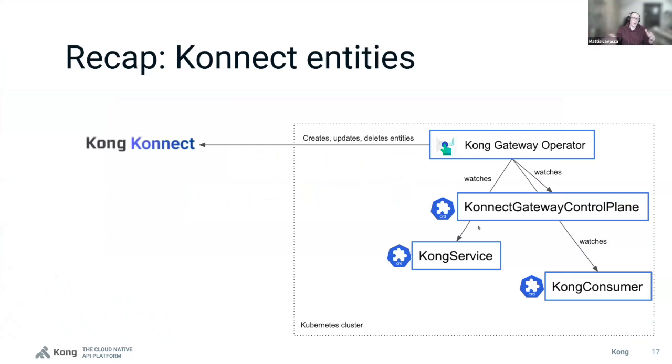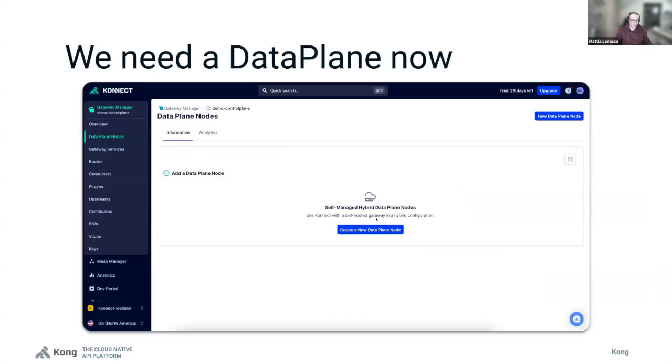And all of them are pushed into Konnect, right? But we still need a very important bit, which is the actual data plane. Because so far we have a bunch of configurations in our Konnect organization, but we have no data plane that is able to route our traffic according to our needs, right?